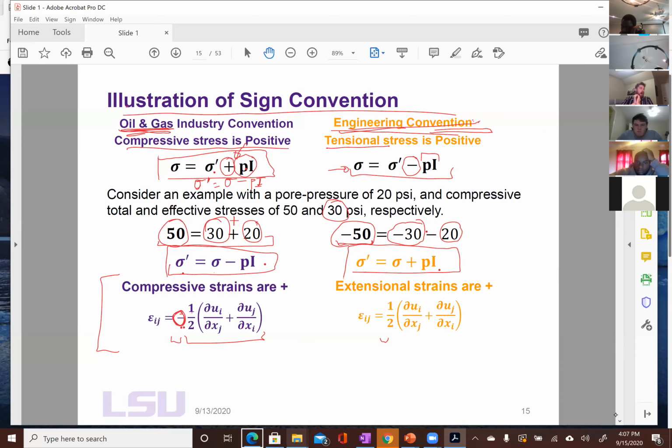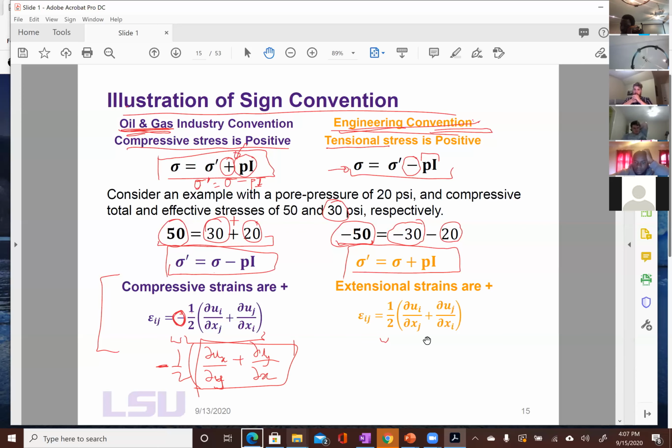And for this equation for strain, I hope you know that i is the x direction, j is the y direction, so you're basically saying differentiate displacement in the x direction with respect to y, that's the j, plus uy with respect to x, and half of that sum. That's your minus in the petroleum engineering convention.